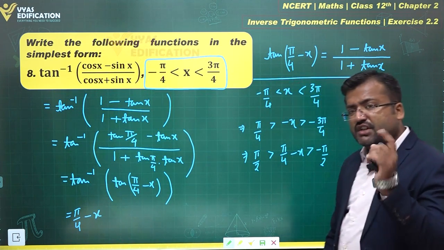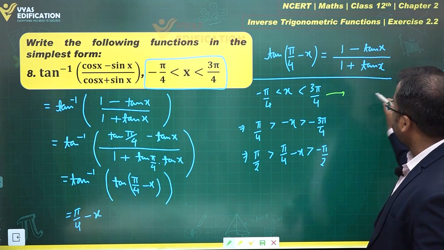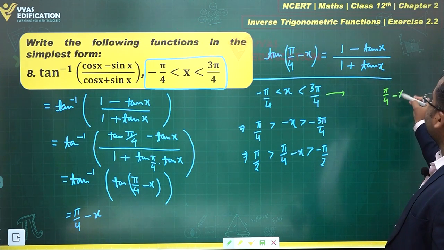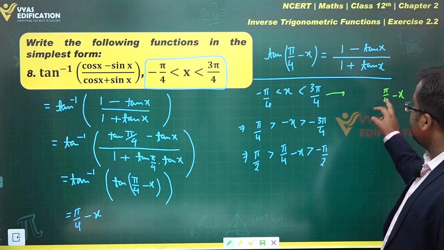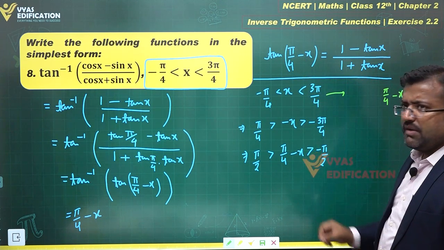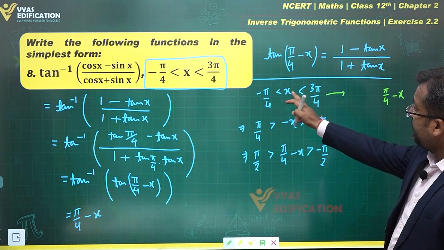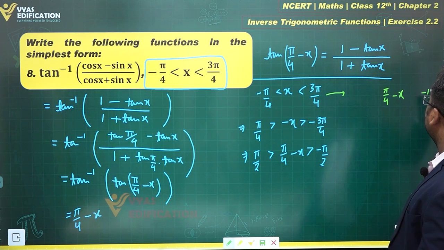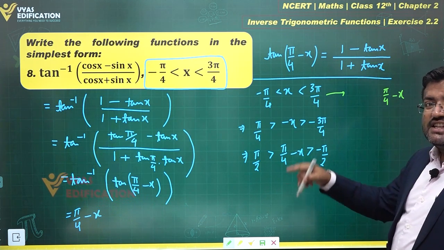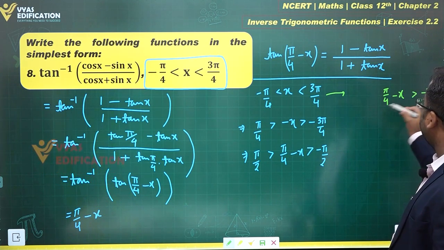One more important observation. From here I can directly go to pi by 4 minus x. Observe carefully. The sign of inequality will change. Pi by 4 minus 3 pi by 4 will be minus pi by 2. And since you are multiplying x by the minus, the sign of inequality will change.